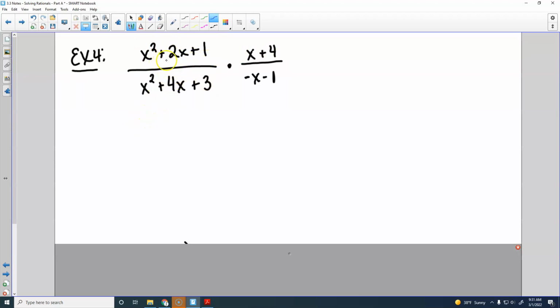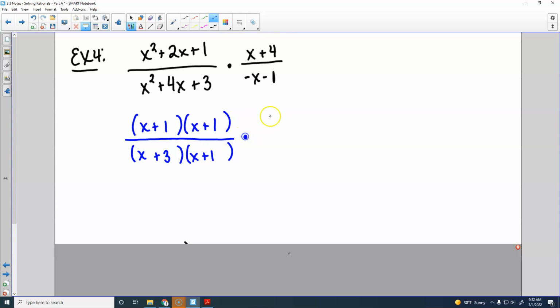So x squared plus 2x plus 1. Grace, what's that going to factor into? Perfect. X plus 1 and x plus 1. Reese, what about the denominator? Perfect.